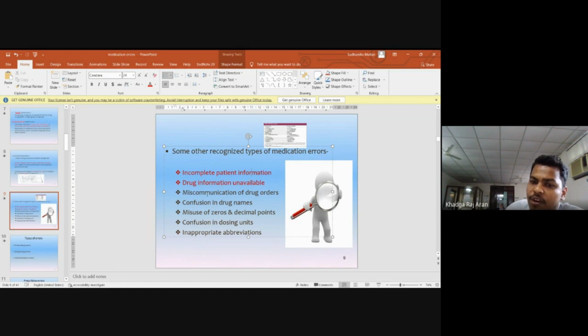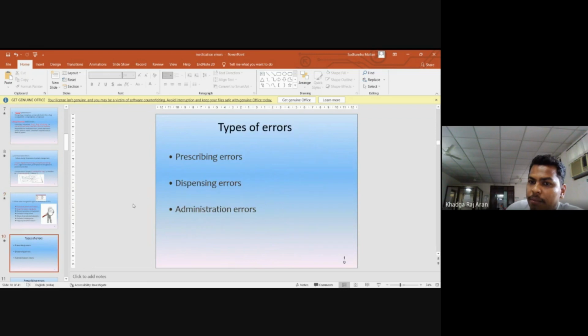Next is miscommunication of the drug orders or confusion in the drug names, for example LASA drugs. Then misuse of zeros and decimal points in the prescription. Confusion in the dosing units or inappropriate abbreviations, which are commonly used in the prescription, may cause medication errors in the patient.